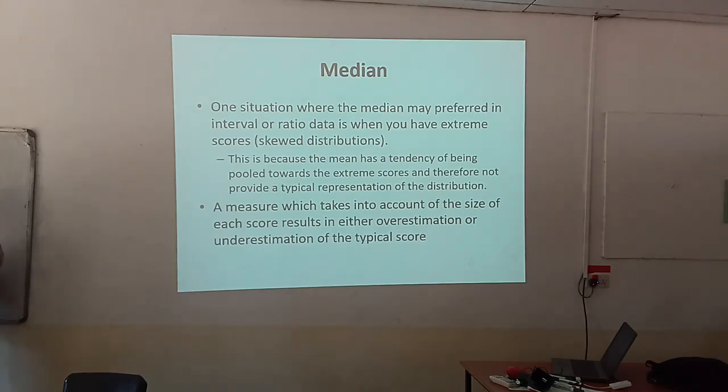Now, if you compute a mean, because the mean takes into account the value of each and every score, the values here will be taken into account in that mean. So the tendency will be that the mean will be pulled towards this direction because of this.